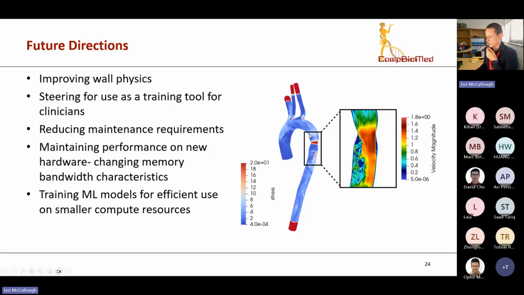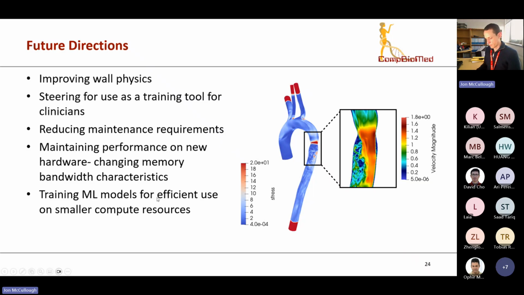So here are some simulations that Xia did, doing some high resolution and turbulent flows within the aorta, and particularly aorta with a coarctation, so a narrowing of the aorta and the turbulence that's arising out of that, and using this to train machine learning models so that high resolution simulations can be done on more efficient compute resources.